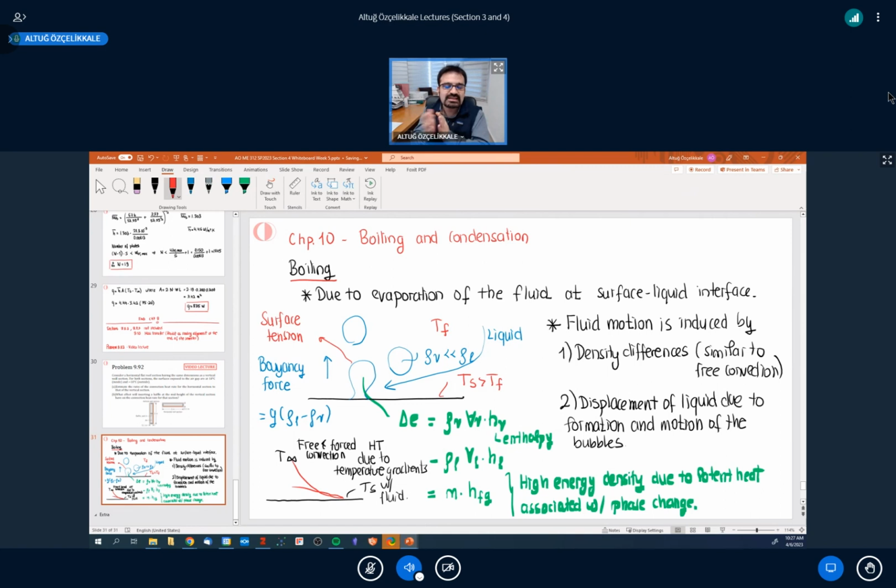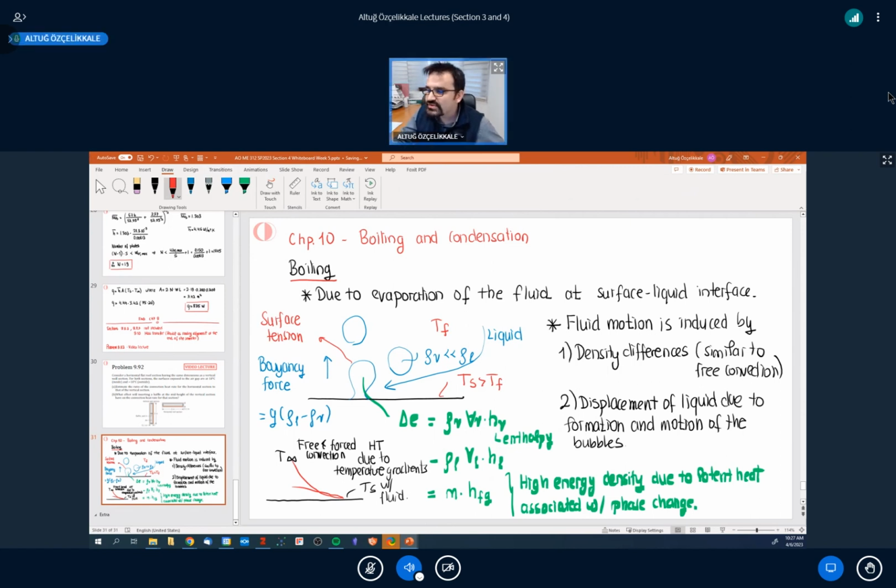The liquid interface acts like an elastic balloon, and that's going to cause some pressure differences between inside the bubble and the surroundings. It's going to affect when the bubble sustains itself and when it's going to burst. So surface tension will turn out to be an important property of the liquid that we are going to take into account.